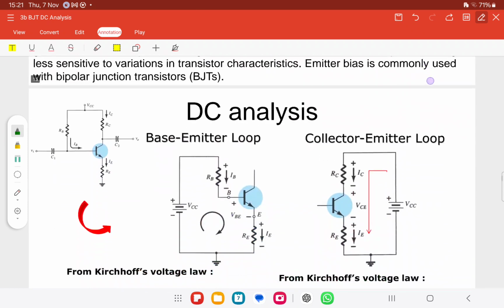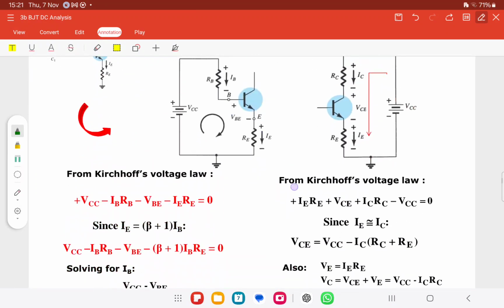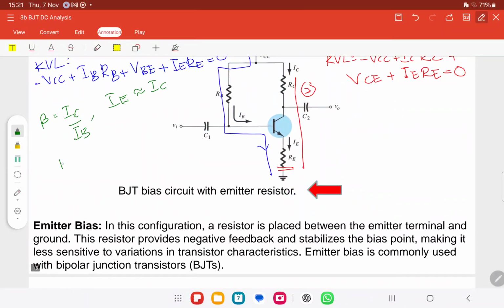Kita tengok bawah dia buat macam mana. Okay, lagi satu this one: IE equals beta plus 1 IB. IC equals beta IB. Okay, this two lah kot yang penting.